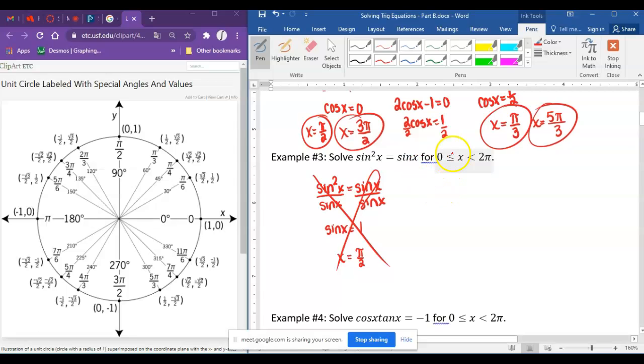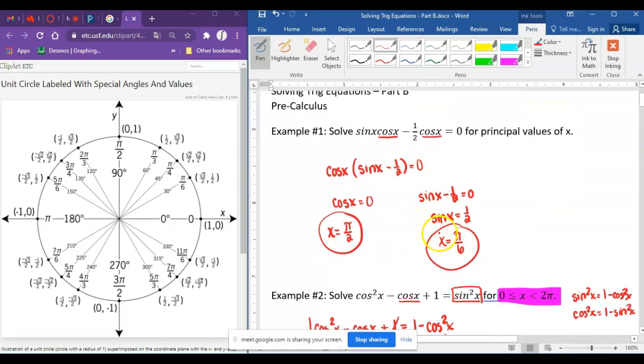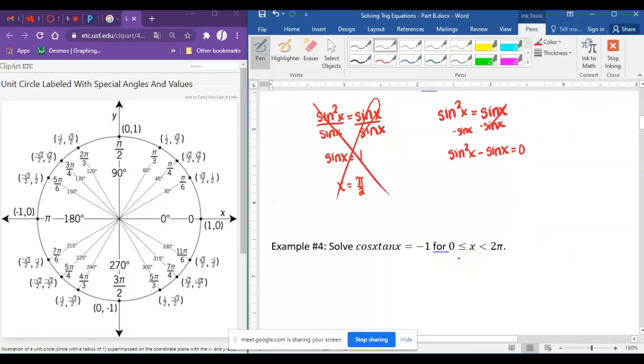So what you want to do instead here, you got sine squared x equals sine x. You're going to move this sine x over here to the other side by subtracting it. So we'll have sine squared x minus sine x will equal 0. And then like we were doing up here on the first two, we can factor out a greatest common factor there.